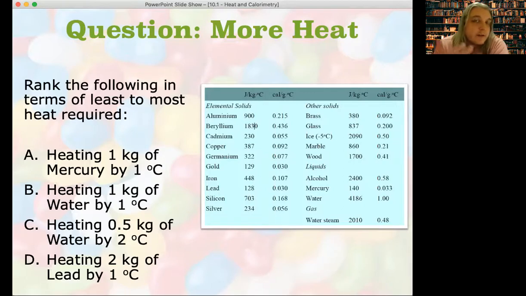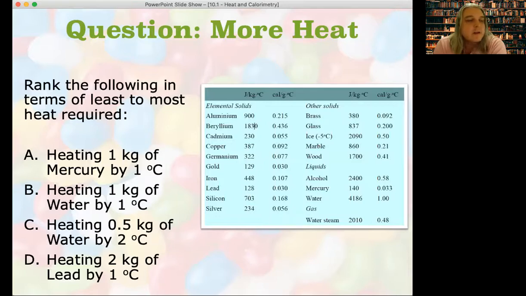So C and B are actually exactly the same amount of energy. In B, all the energy has gone into that 1 kilogram of water and gone up by 1 Kelvin. In C, you've got the same amount of energy, but there's now half as much water, which means each molecule is going to get twice as much heat, which means it's going to end up doubling in temperature compared to B. So they're actually the same. The heat is exactly the same for B and C.